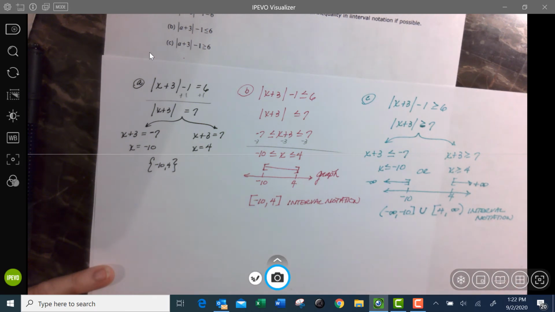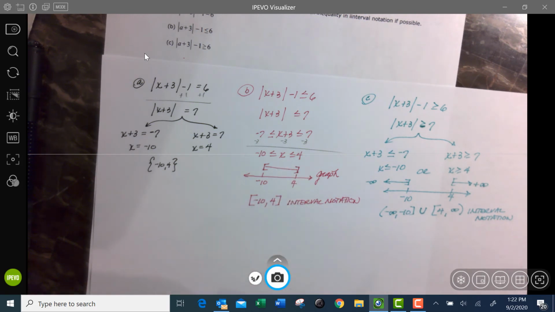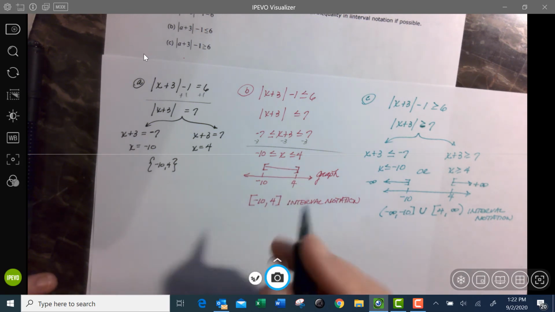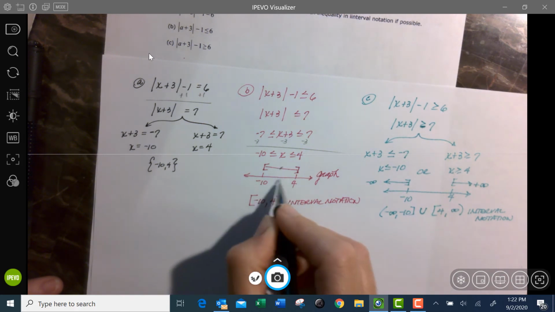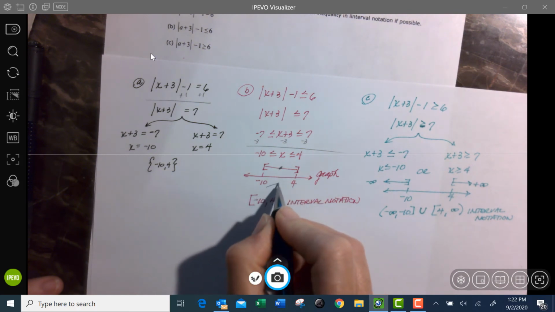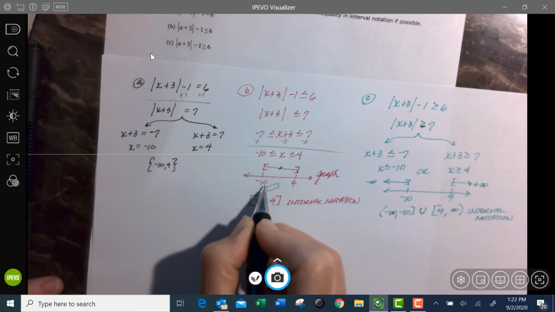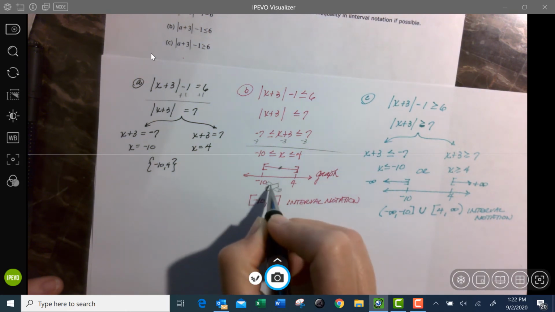So sometimes I try to explain this using a campfire scenario. So less than means close together, betweenness. So I try to visualize something of a campfire right in the middle of the interval of solutions. Let me just briefly sketch a campfire here for you to help you remember this.